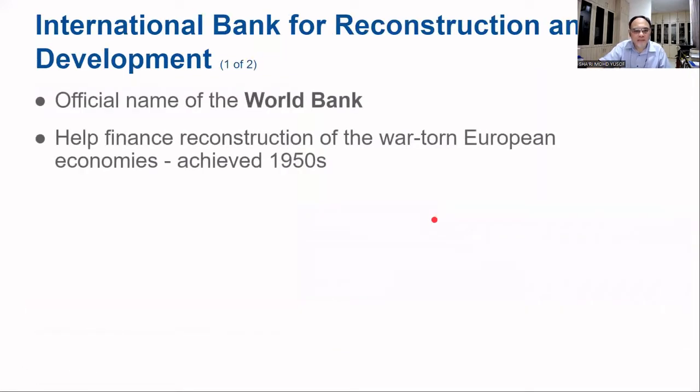But the role of the IBRD, the International Bank for Reconstruction and Development: the word reconstruction means to rebuild. The first job of the World Bank was to help finance reconstruction of the war-torn European economies.